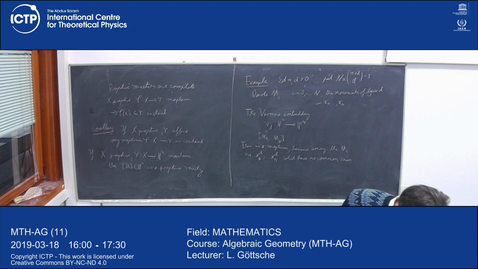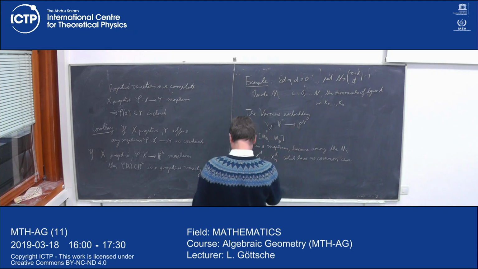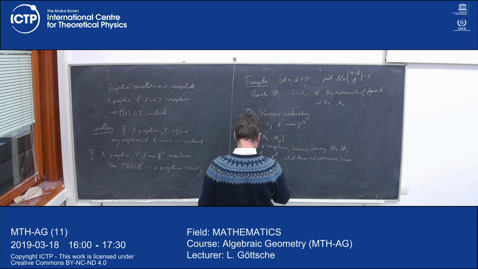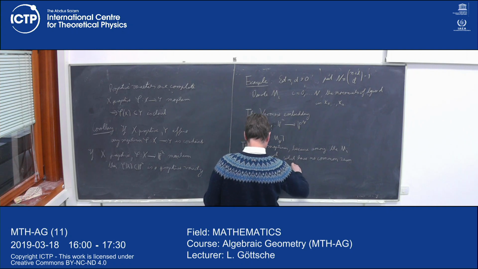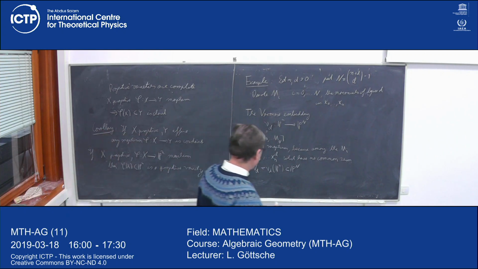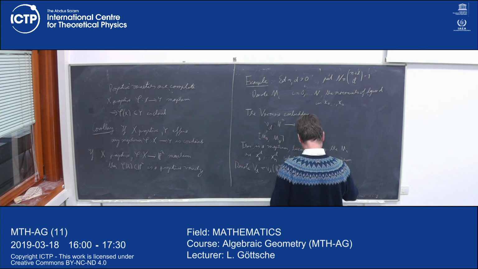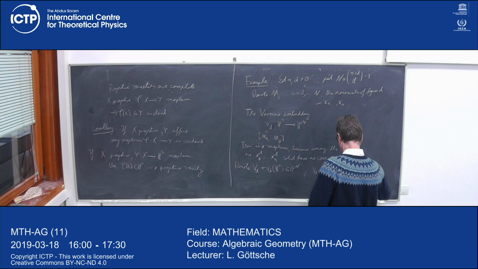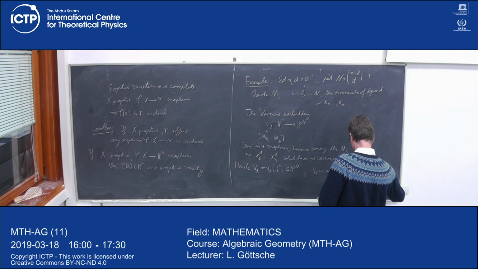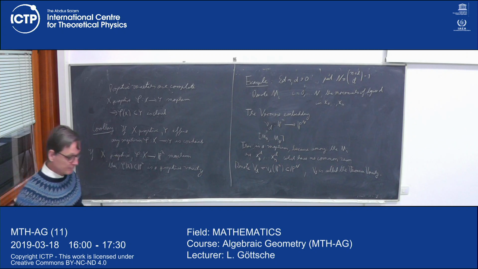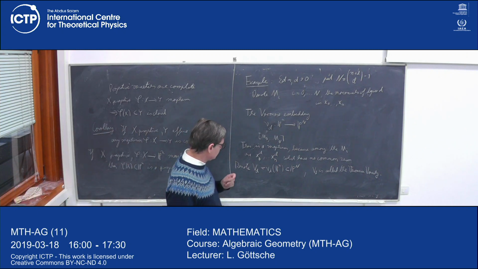And now I denote by V_d the image. This is called the Veronese variety, after the Italian mathematician Veronese.